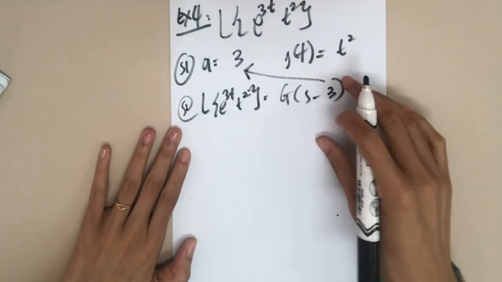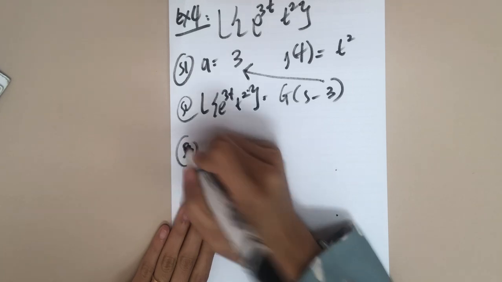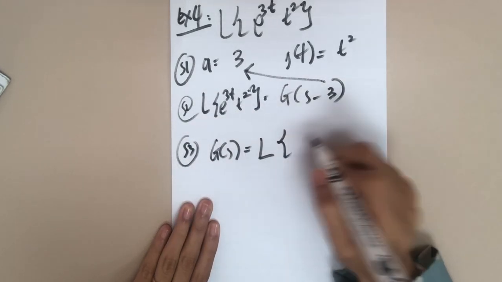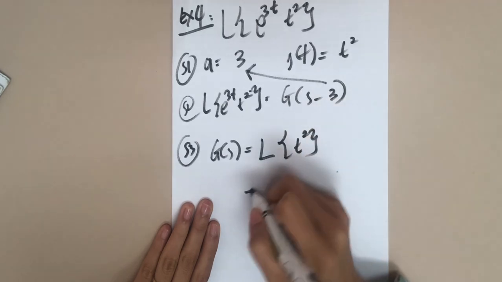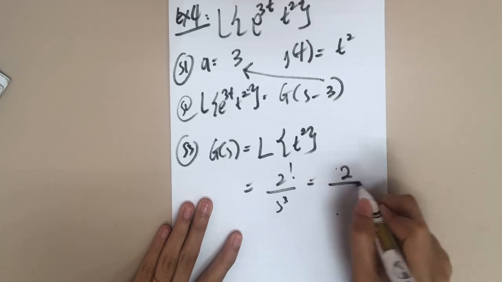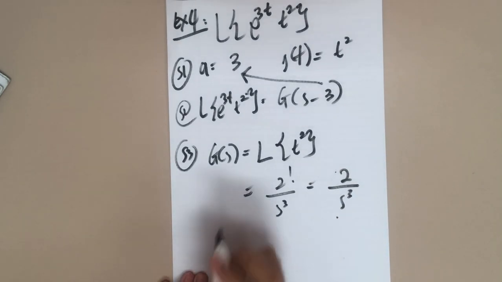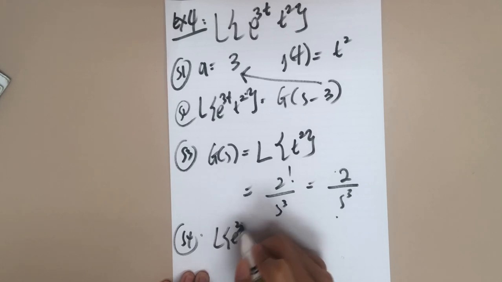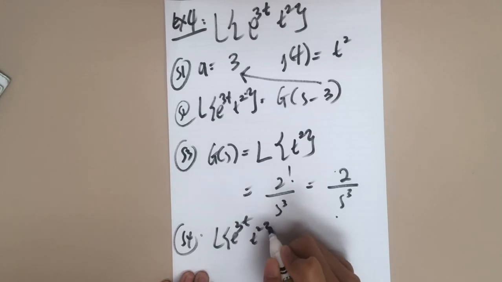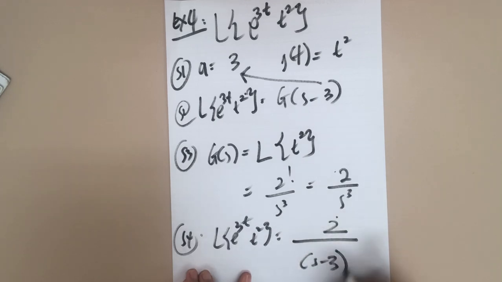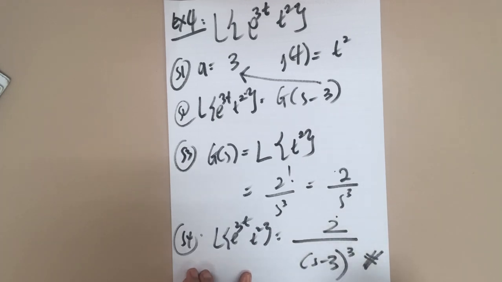Step number 3 is to find your G(S). Your g(t) here is t square. By using the table, it is 2 factorial over S cube, and 2 factorial is equal to 2. Then step number 4, the final answer is 2 over (S minus 3) cube. Done.